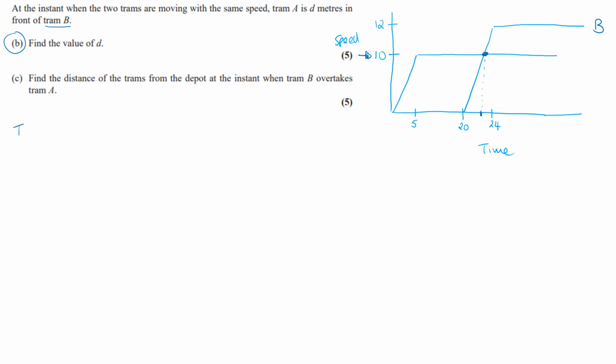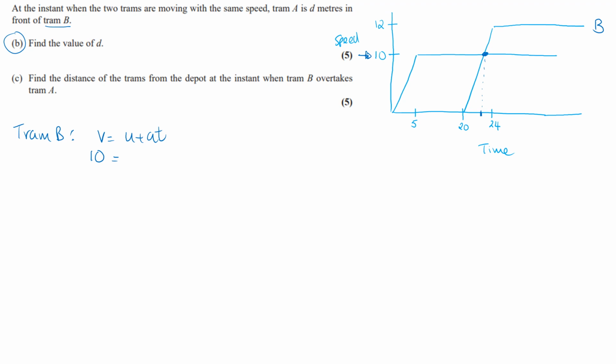Now for tram B, because it is still accelerating, we can use v equals u plus at, and just put in that we want the time when the final speed is 10. So that will give us the time that that happens.